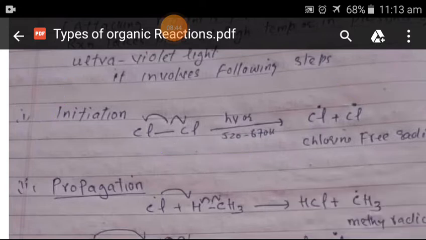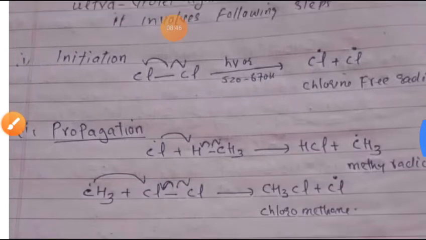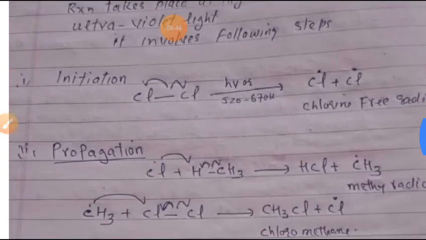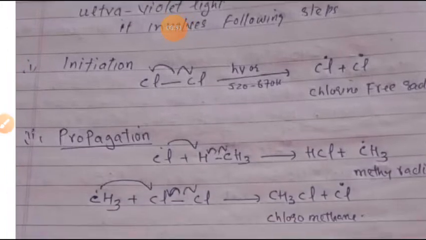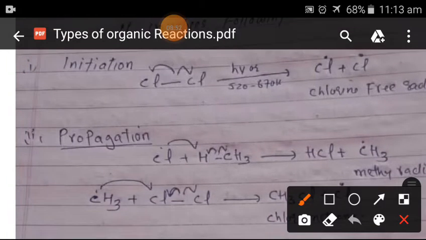In the next step of the same free radical substitution reaction, the propagation occurs. Propagation means, for example, in the first step, the initiation step, chlorine radicals were generated. This chlorine radical will attack another molecule. For example, here the chlorine radical is attacking this hydrogen atom.